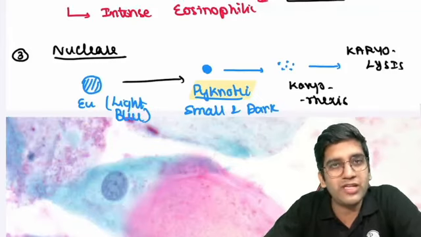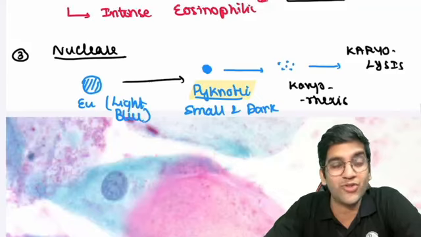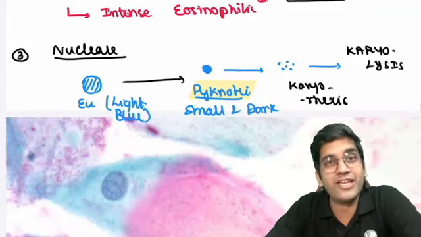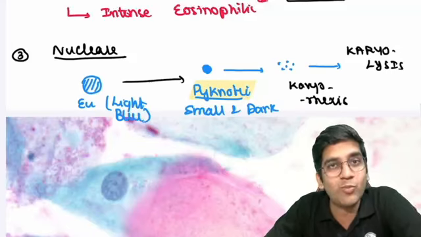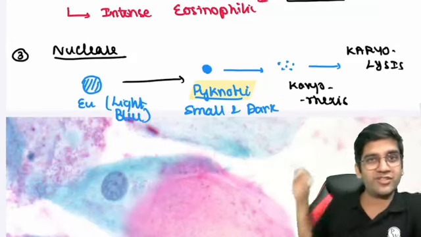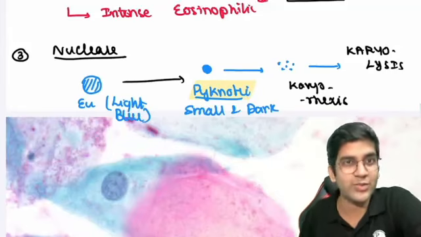Will there be blue color in a necrotic tissue or not? You will not have blue color. So can I say every irreversible cell death due to necrosis will be pink in color and no blue color, because I'm having karyorrhexis and karyolysis? Is that statement right? Absolutely right.